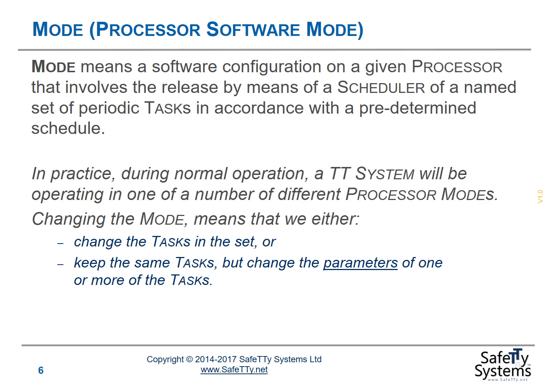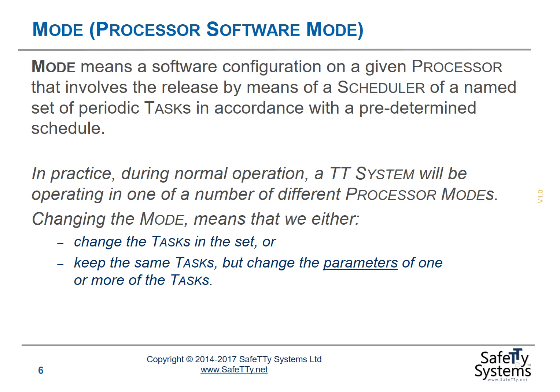A mode means something different. A mode means a software configuration on a given processor that involves the release by the scheduler of a named set of periodic tasks in accordance with a predetermined schedule. In practice, during normal operation, the kind of TT systems that we're considering on this course may be operating in one of a number of different processor modes.